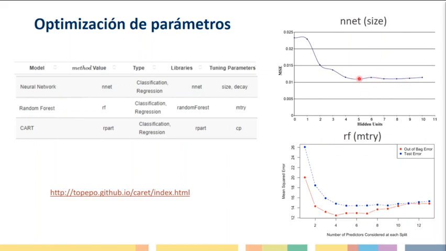So in that case, it's better to select a simpler model. For the random forest, a point can be identified where there's a compromise in the amount of predictors considered in the tree. So part of the work we have to carry out whenever we're doing data mining is to identify those optimal parameters that correspond to each one of the models that we are taking into consideration in our data analysis.